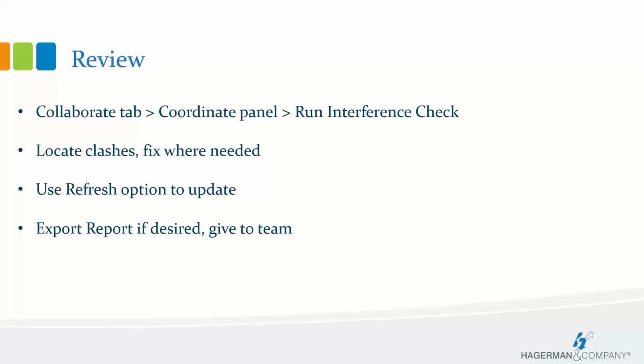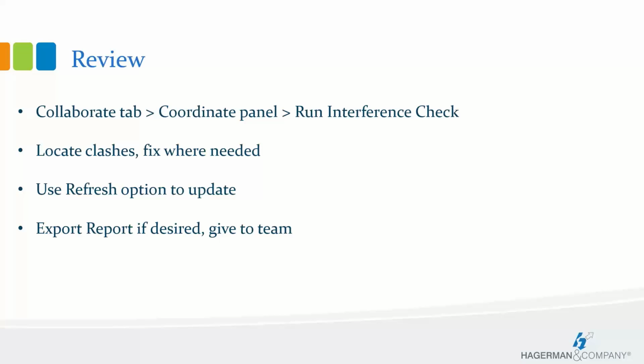We also exported the report when we ran our second one, so that we could give it to other designers or just use it as a checklist, since it has the element IDs readily available for you. You can also see the IDs in the report dialog if you expand on the plus sign for each of those clashes.